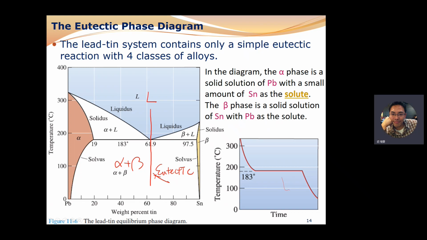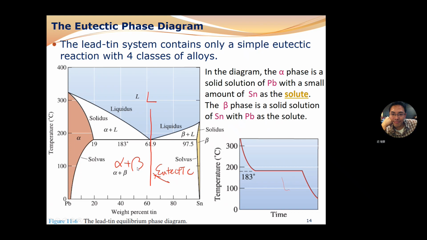Okay, and the lead-tin system contains only a simple eutectic reaction with four classes of alloy. In this diagram, the alpha phase is a solid solution of lead with a small amount of tin as the solute, and the beta phase is a solid solution of tin with lead as the solute.